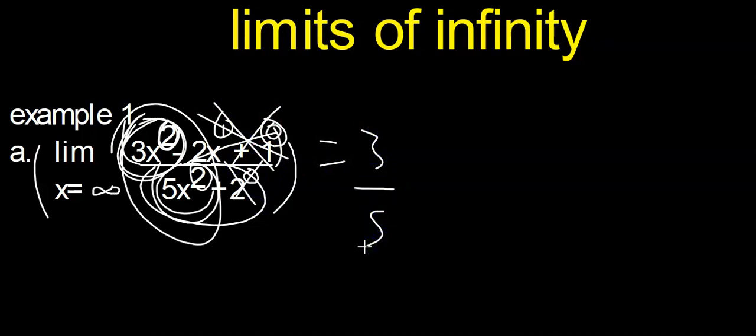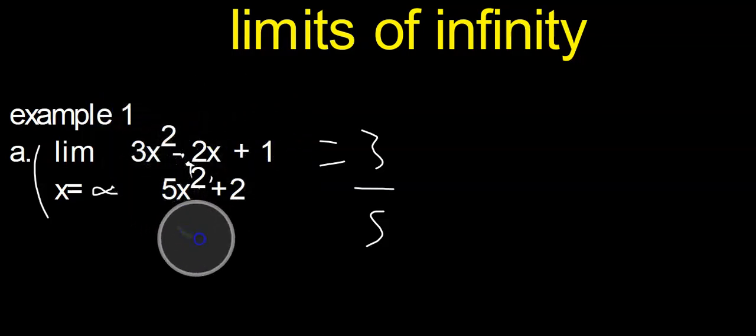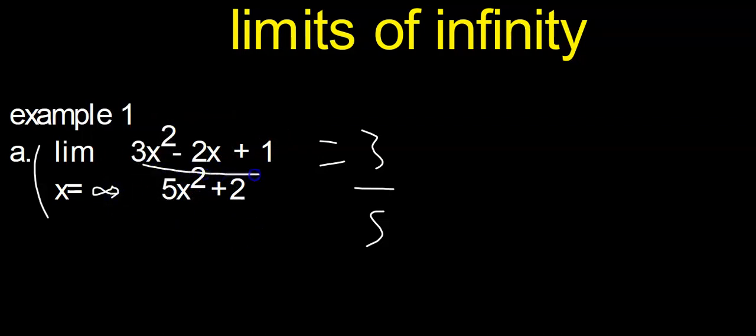I'm sorry guys, this seems a little bit complicated, but I want you to understand the concept. The first thing I did is compare the exponents. The highest exponent is this part and also this part, and the rest is not necessary since they are minor.